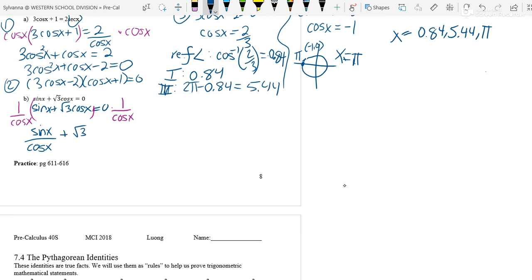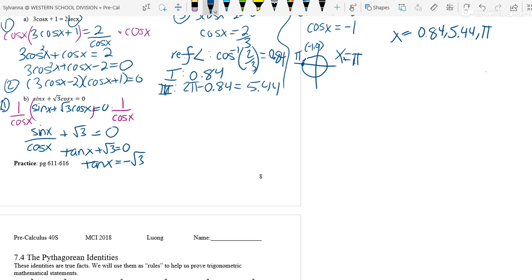Remember, the cos x at the top will cancel the cos x at the bottom, so I'm left with just root 3. And then 0 times 1 over cos x is still 0. Well, now I can change sine x over cos x into tan x, and then rearrange it so that I'm solving for tan x is equal to negative root 3. So this is our rearranging part.